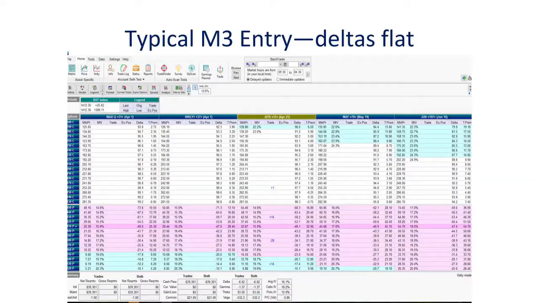So let's take a look at the M3 strategy, the way it is normally constructed. As you can see, here is an example. If we were to put on an April M3 strategy today, first day of March, you might think about putting on the 1380 butterfly.